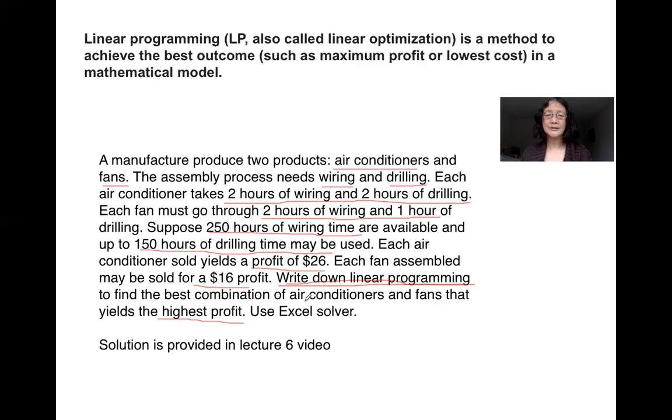How many fans should you produce that can maximize profit? That is the question. So let's use X to represent the number of air conditioners, Y to represent the number of fans. Okay, so we have 2 variables here. The question is, what is X, what is Y?